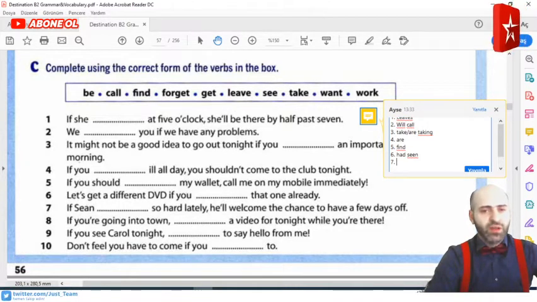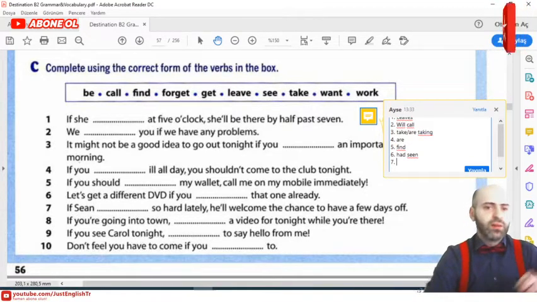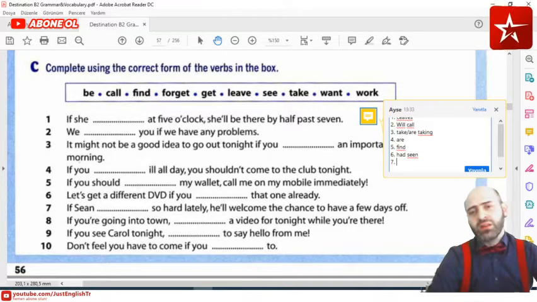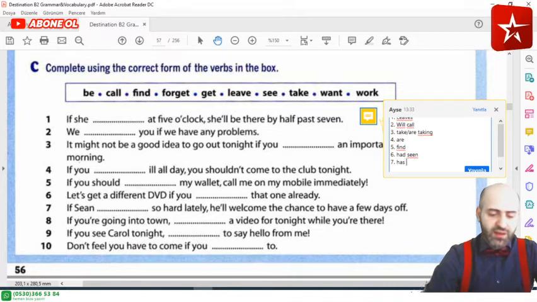And of course, you can use "if Sean works so hard." But because we see "lately" here, lately is usually used with perfect tense. And the best answer here is "has been working."